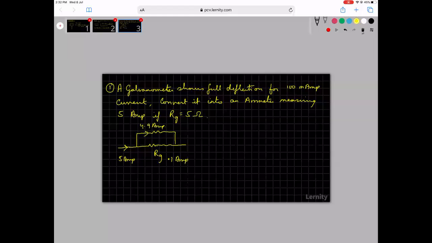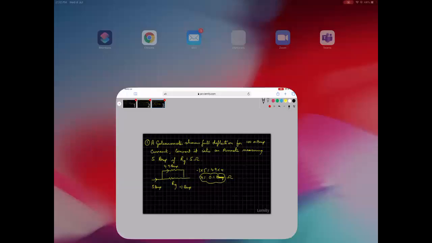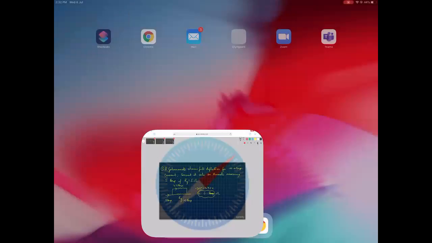So x will be 0.1 ohms, sorry. If you connect 0.1 ohm in parallel to the galvanometer, it will behave like an ammeter measuring 5 amperes.